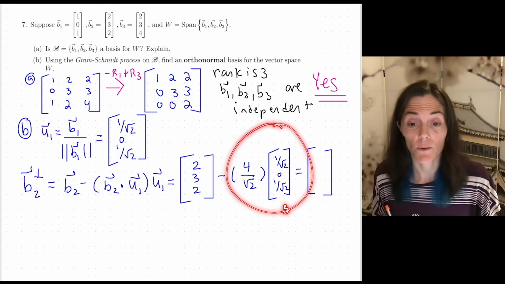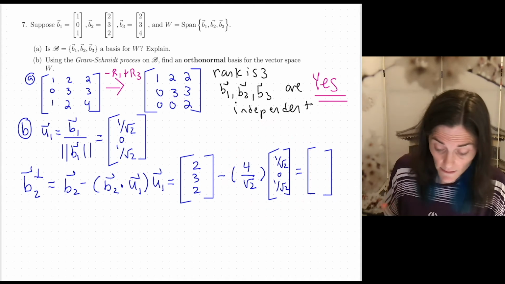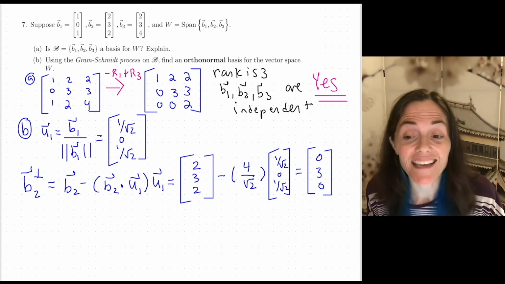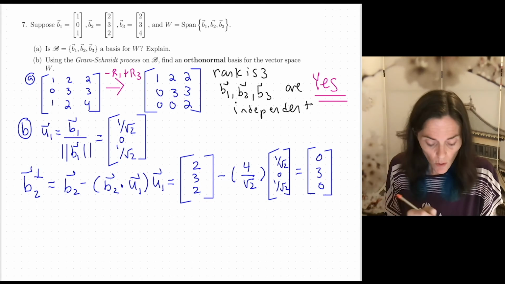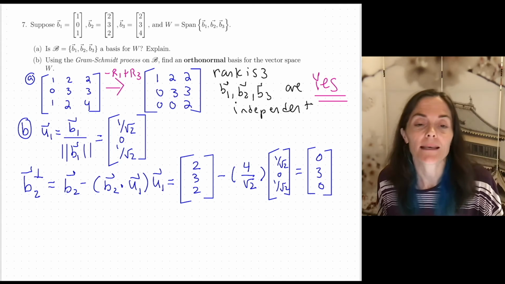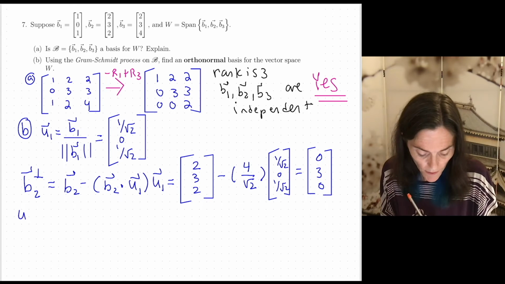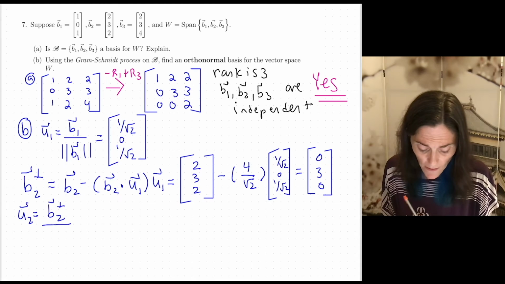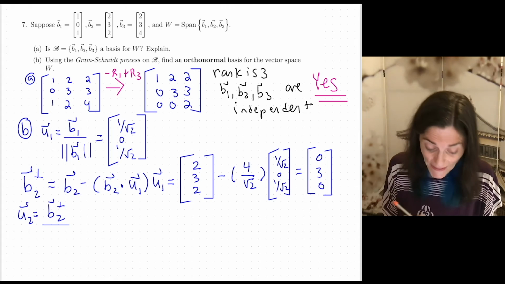So we have 2, 0, 2. That's what I'm subtracting. So this is just 0, 3, 0. And this clearly has length 3. So the second vector in my collection, which I will call U2, is, well, we take this component of B2 which is perpendicular to the line, and divide by its length.